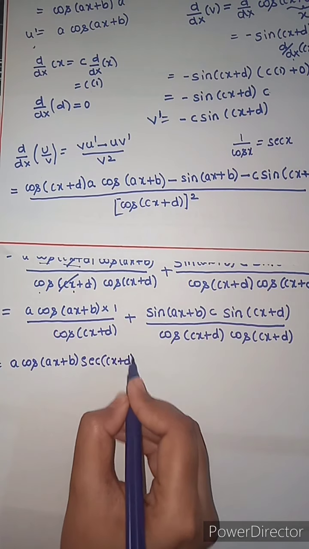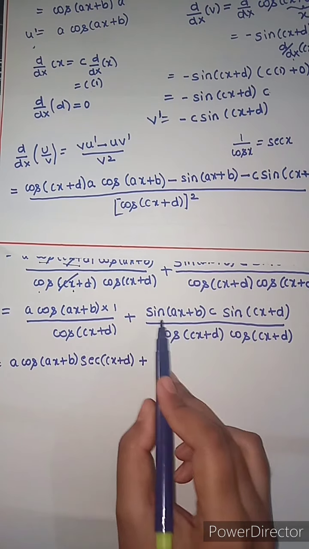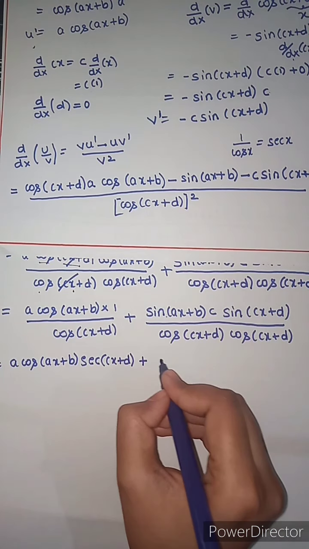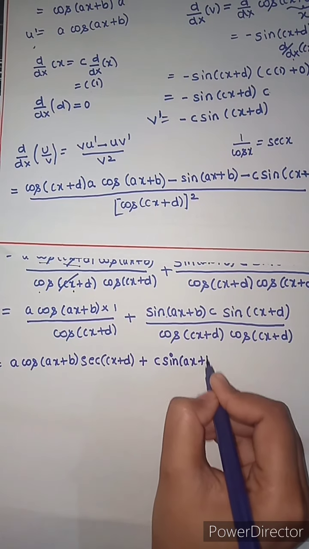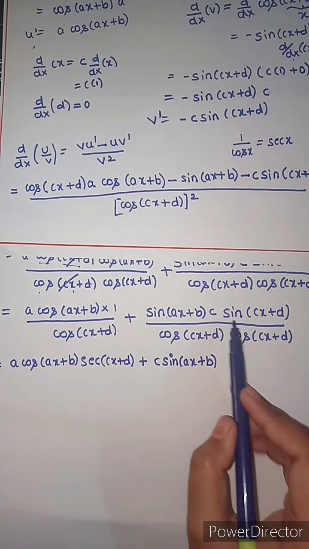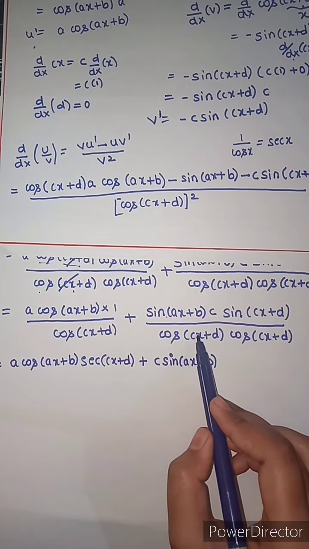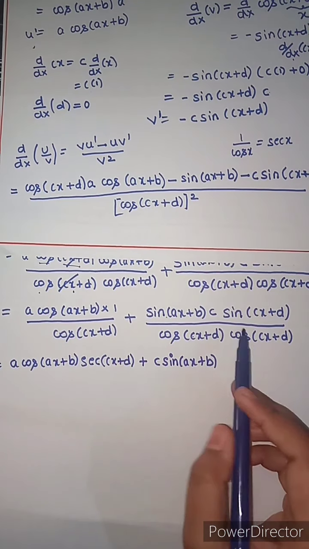Then write c into sin of ax plus b as it is, and as we know, sin x over cos x is tan x.